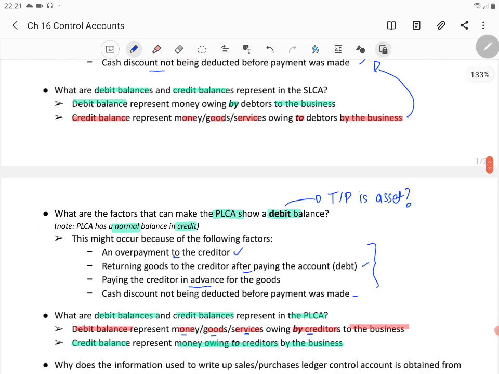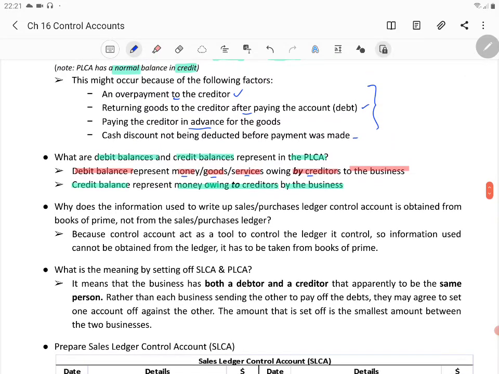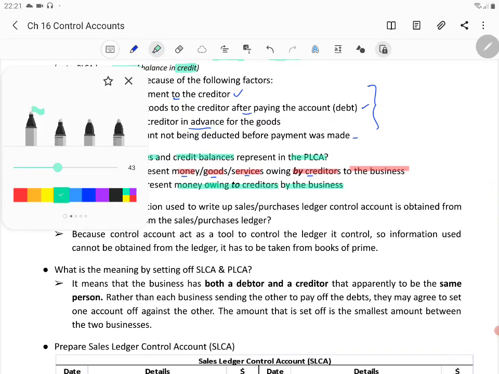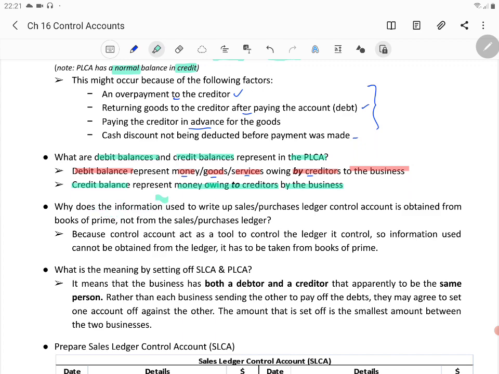Why is the information used to write up the sales or purchases ledger control account obtained from books of prime entry and not from the sales or purchases ledger? The sales and purchases ledgers are individual ledgers. There are three ledgers: general ledger, sales ledger, and purchases ledger. Back to Sec 3, remember our Sec 3 topic about ledgers.